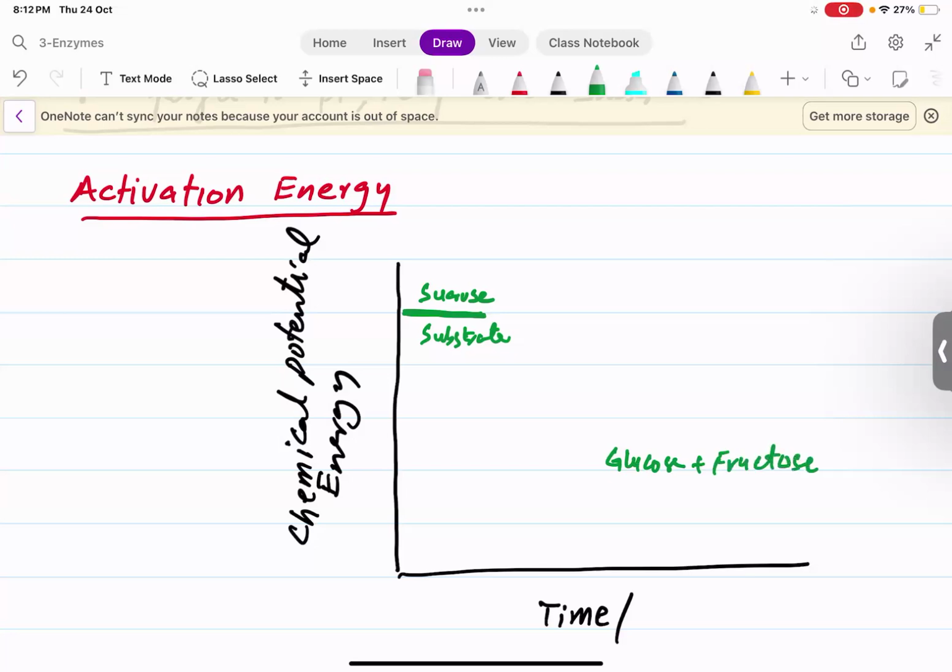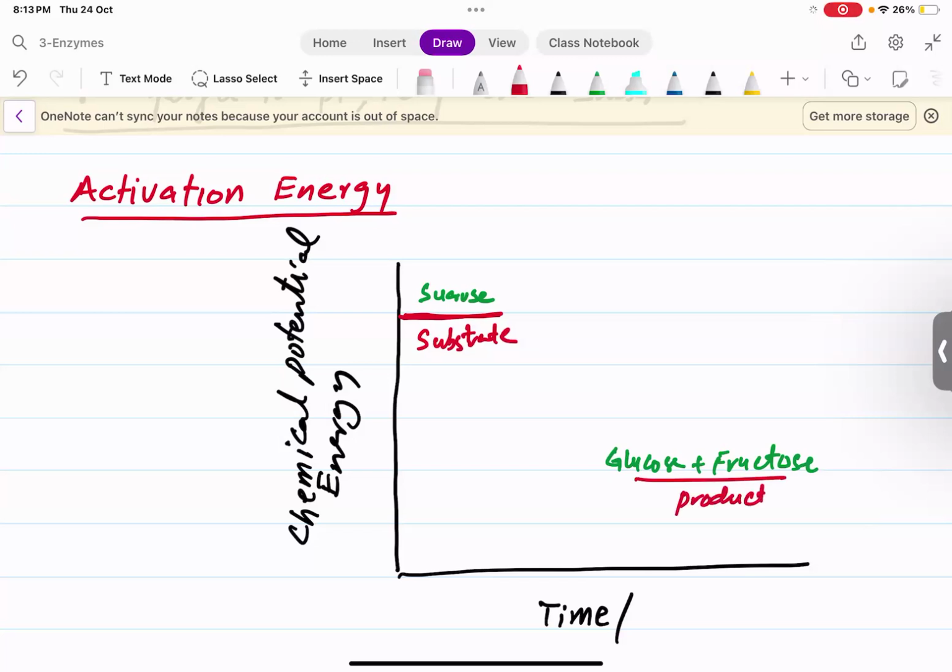So if we compare the chemical potential energy of this sucrose molecule with that of its products, this is a substrate, we have this sucrose as a substrate, and we have these two products.